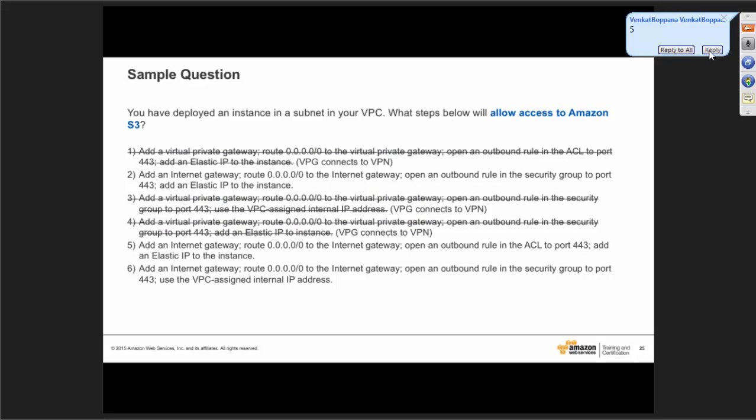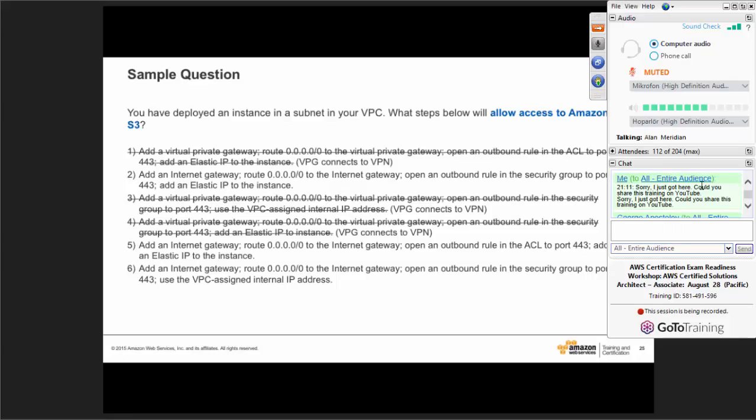So now we have 2, 5, and 6 left. Now we know we have to go to the internet to reach S3. So really, it's looking specifically at the differences between 2, 5, and 6. If you look at those, they all say internet gateway route 0.0.0.0/0. That's the CIDR notation for the IP address range to the internet gateway. And then you look at the things coming out of it.